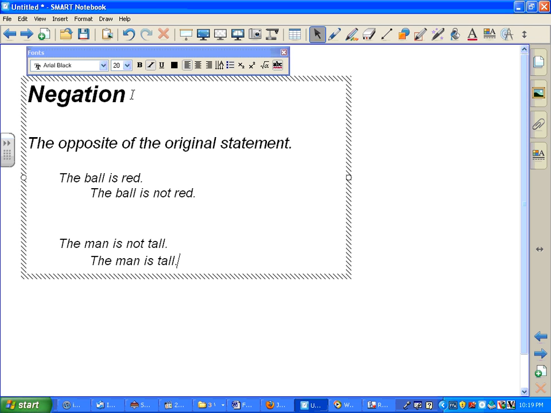Don't get confused. Just because it says negation doesn't mean it has to have the word not in it. It is the opposite of whatever the statement is. Negation means opposite.